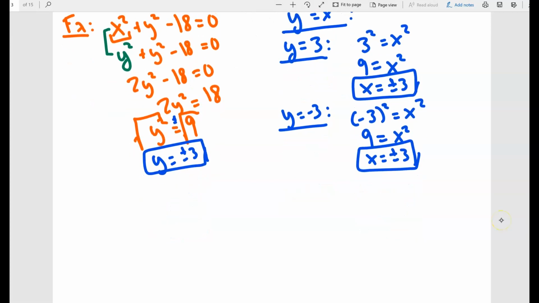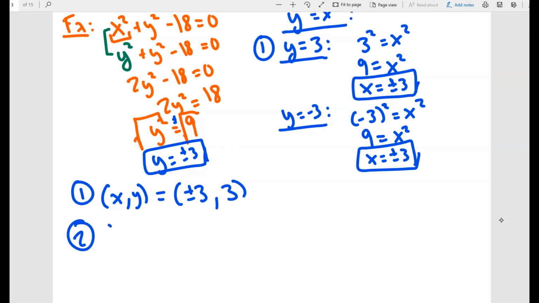So what we have here is x equals plus or minus 3 with a 3. Let's look at all our pairs, x and y. My first one was plus or minus 3 for x with a 3 for y. My second one, my second point, x and y, is also plus or minus 3, but the y is a negative 3.